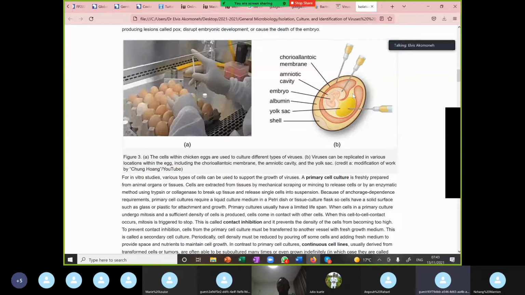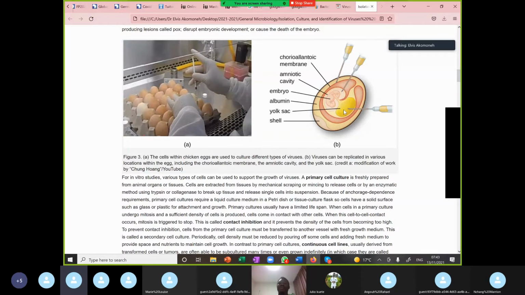There are some that will infect only the chorioallantoic membrane, some that will infect the amniotic sac cavity, some that will infect the embryo, and some that will infect the yolk sac. So you must know the tropism of the virus tissue before you can move further to inoculate.